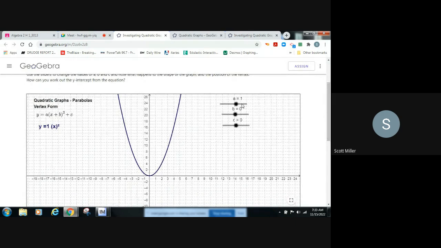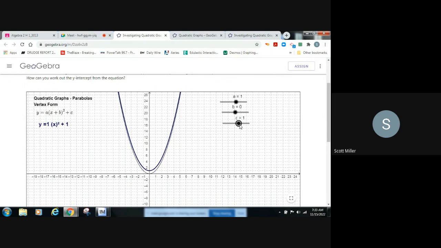And we have sliders here, so I'm going to change different numbers, and let's see how these things are changed. So here's a quick action here. If I move the C, which is our K over on the other one, what happens? Look at the graph. This is the parent function right here. As I move C, make it bigger, look what's happening.